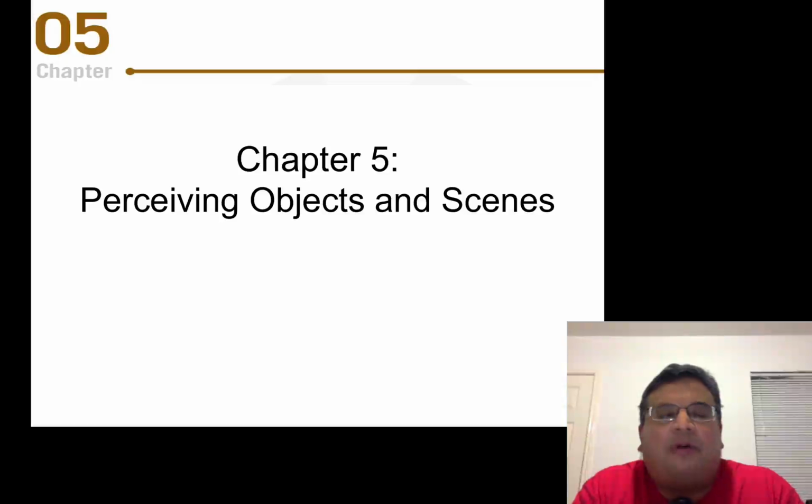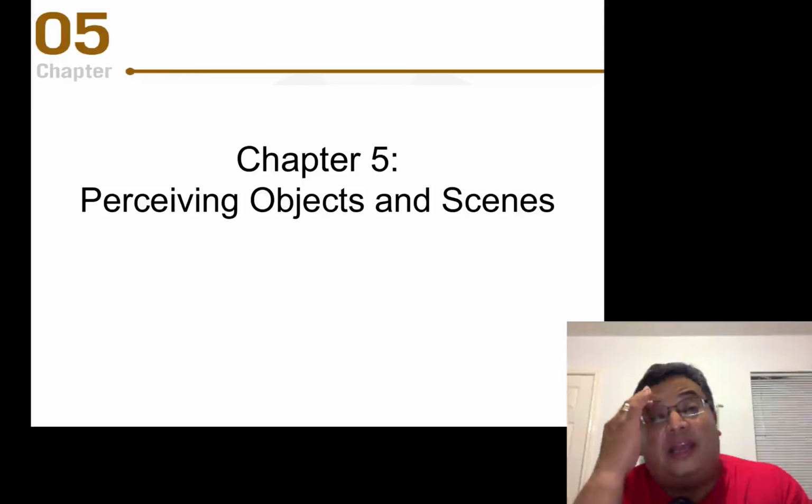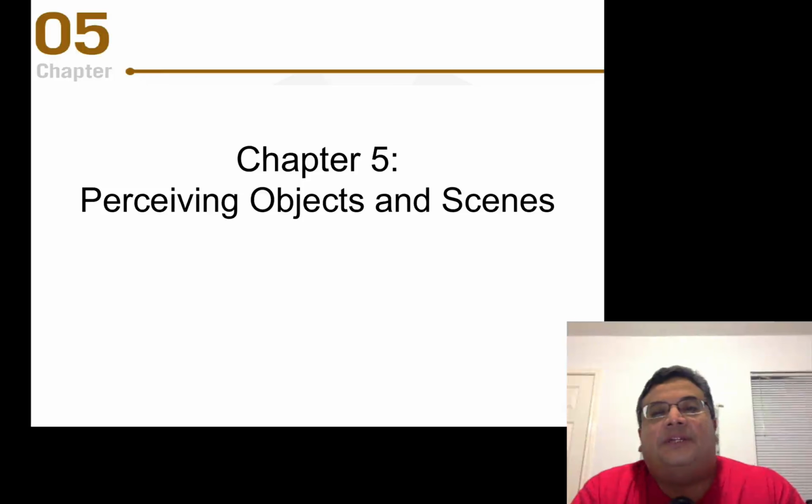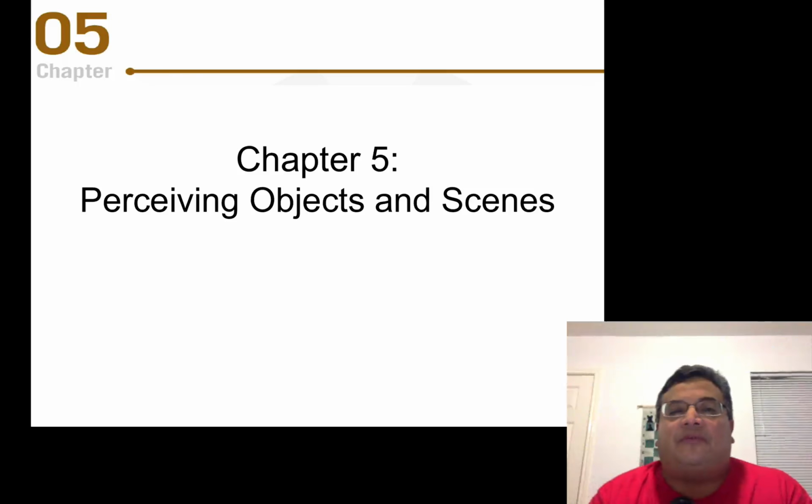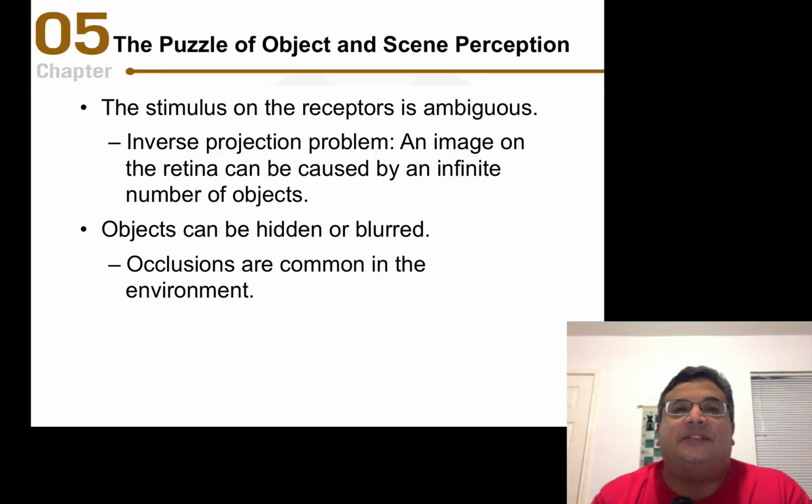Probably the latter. It's probably an illusion, and it's probably due to the fact that we perceive things in very strange ways sometimes. Our perception of objects is a very complex issue that we're going to get into in this chapter, chapter 5, perceiving objects and scenes.